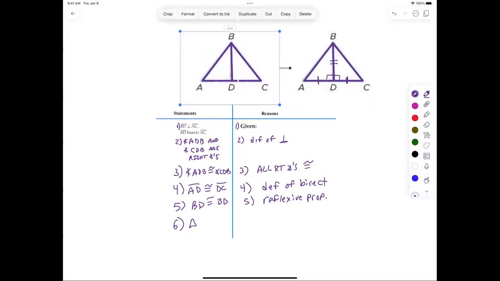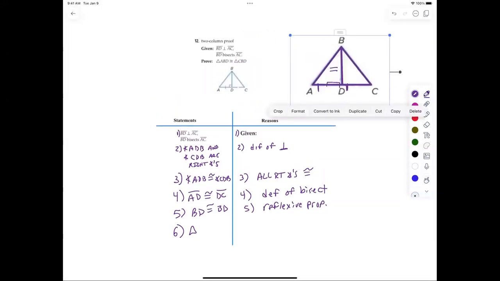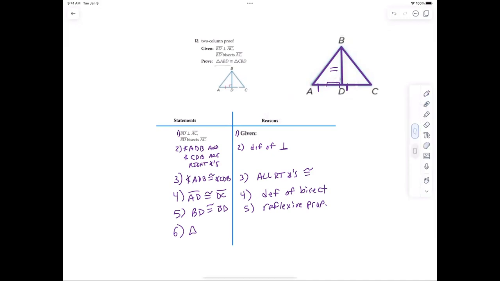What you're proving has to be written. Even though you could say the triangles are congruent, you want to write down what they say to prove exactly. Is everybody good with me?